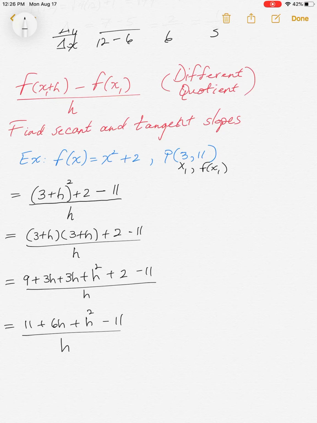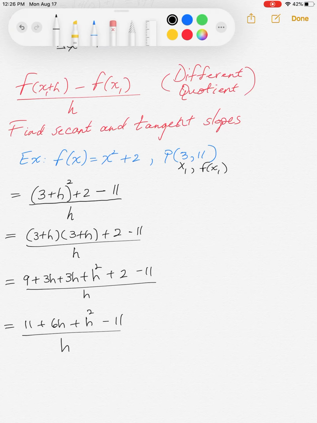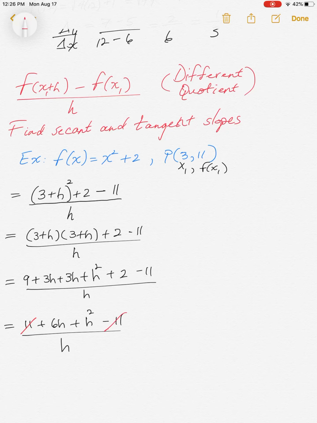You might be asking, why didn't I combine that negative 11 earlier? I want you to see that whenever you do these properly, that f of x1 should always cancel completely.